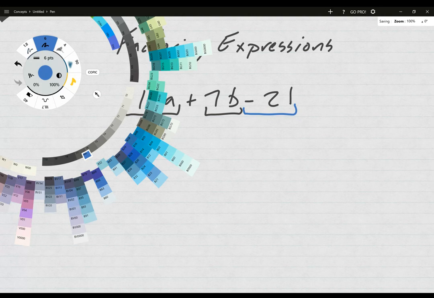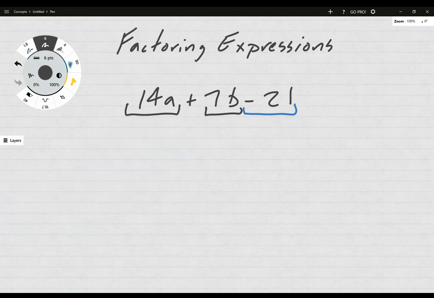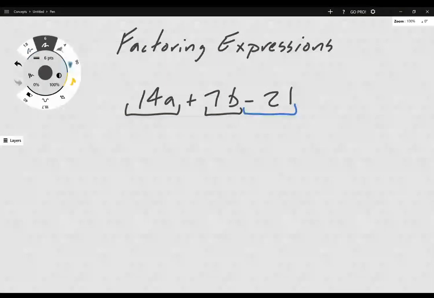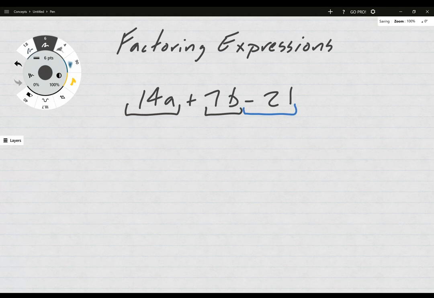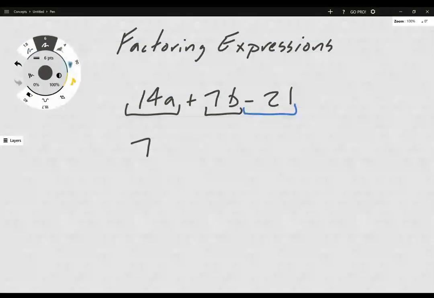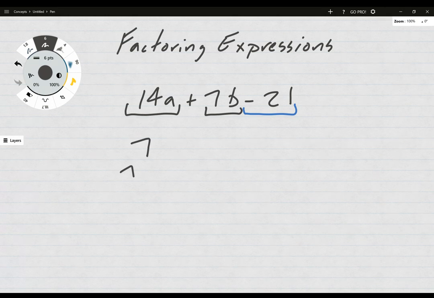And using some quick, simple mental math, I notice that 7 goes into 14, 7 goes into 21, so it looks like I can divide 14a, 7b, and 21 by 7. So 7 is my greatest common factor.